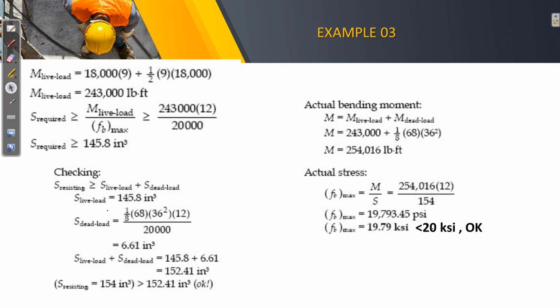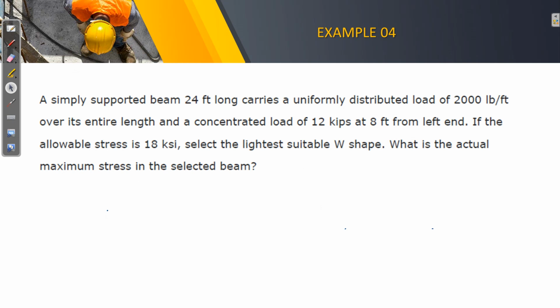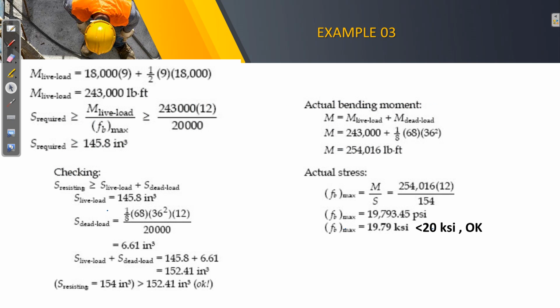And then for the dead load, we have a distributed load force. The dead load is all over the entire length of the beam. So if that is the case, we can again use the formula for a simply supported beam. We have WL squared all over 8.